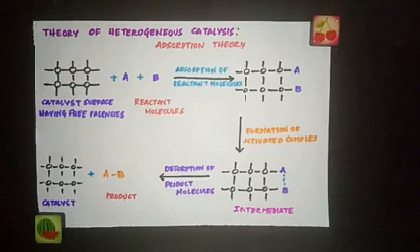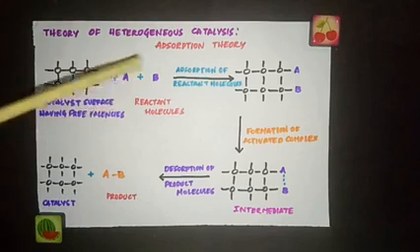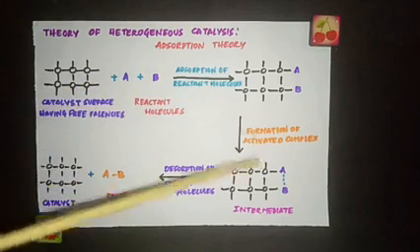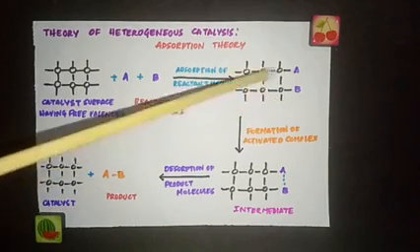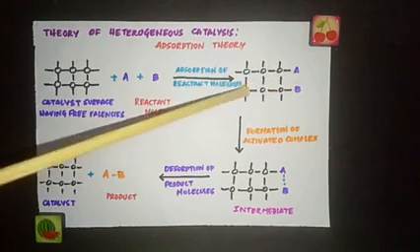The first step is diffusion of the reactant molecules on the surface of the catalyst. So the first step is the reactant molecules will diffuse and come to the surface of the catalyst. And the second step, there is some association between the catalyst surface and the reactants, that is adsorption. So adsorption of the reactant molecules on the catalyst surface, that is the second step.